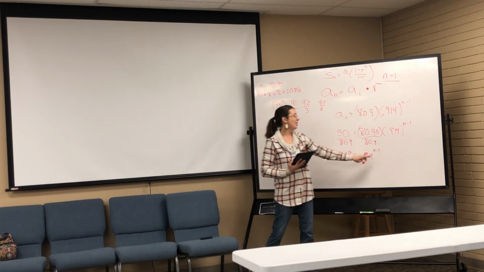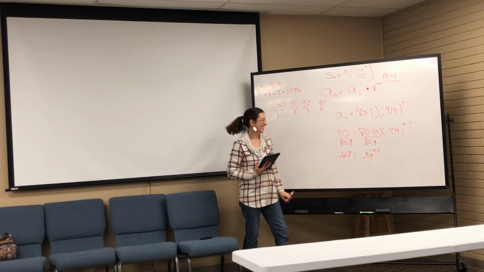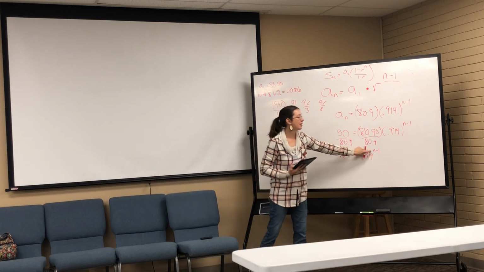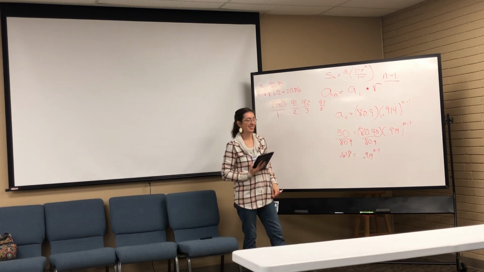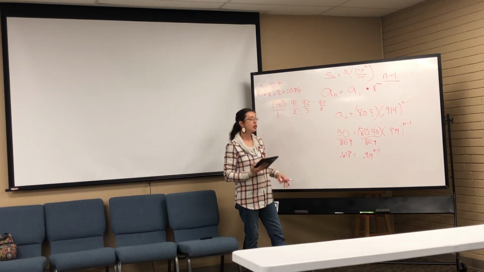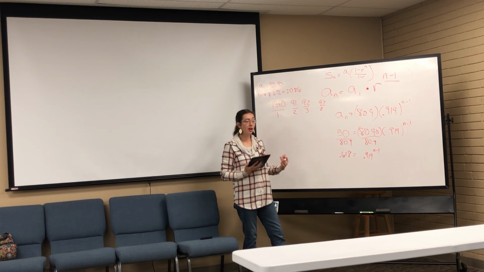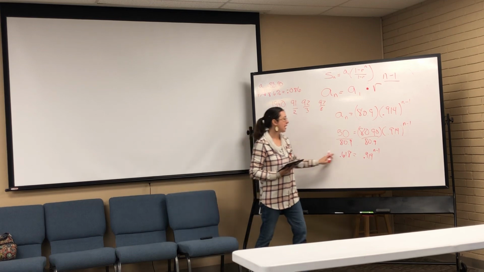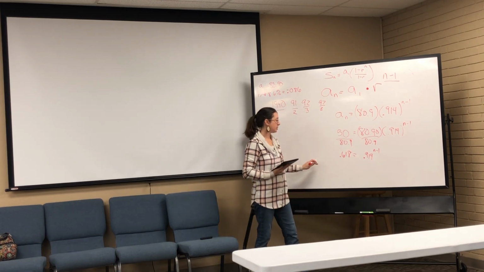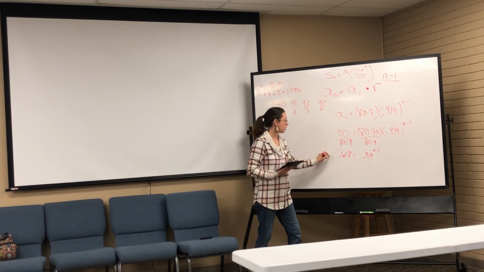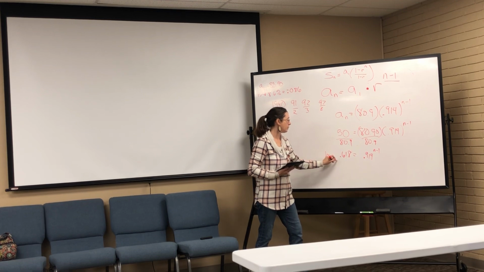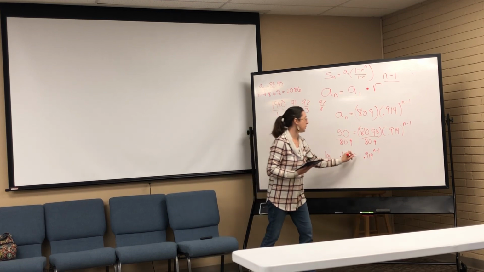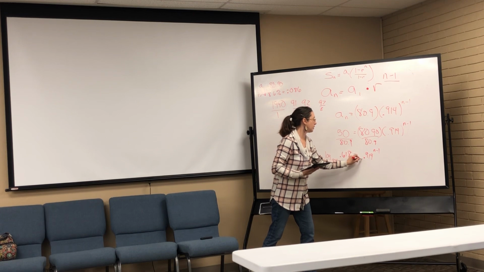Logs. I have a variable in the exponent. I get to choose to take the log of anything, so I'm going to take the log of both sides, log of 0.914.